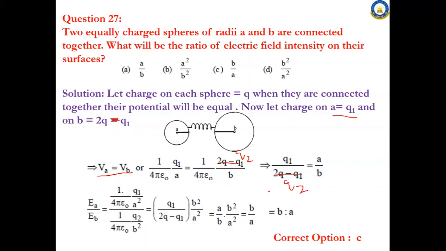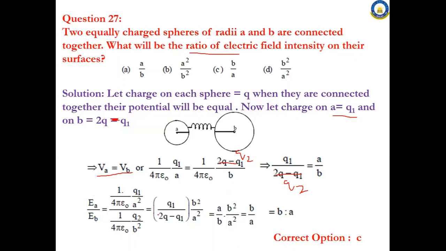Next, what you have to calculate is the ratio of the electric field, right? So take the formula of electric field for both the conductors A and B. EA by EB equals 1 by 4 pi epsilon naught Q1 by A square divided by 1 by 4 pi epsilon naught Q2 by B square.